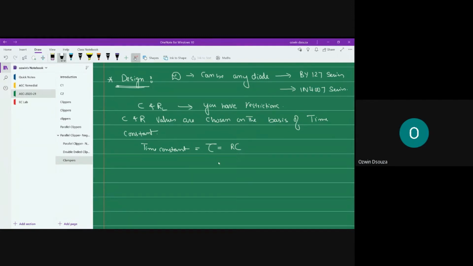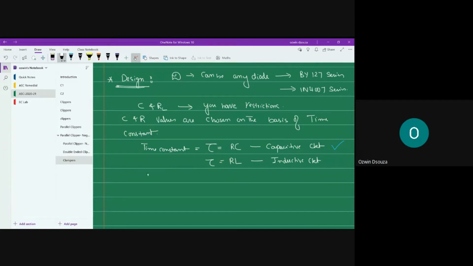In case of an inductive circuit, the time constant tau is R into L. As of now, I'll pay attention only to the capacitive circuit, because your clamper consists of a capacitor, not an inductor.